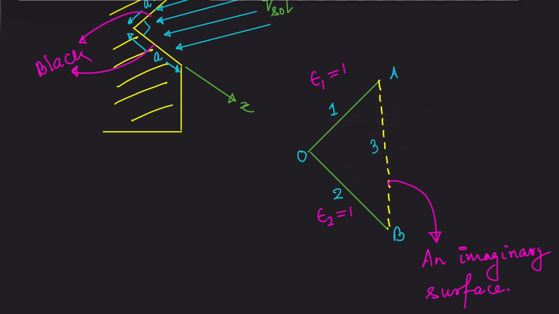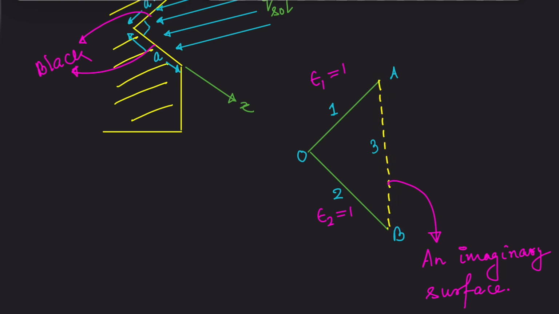No. That means if any radiation energy is hitting this imaginary surface 3, then nothing is getting reflected. That means this imaginary surface 3 is absorbing everything.